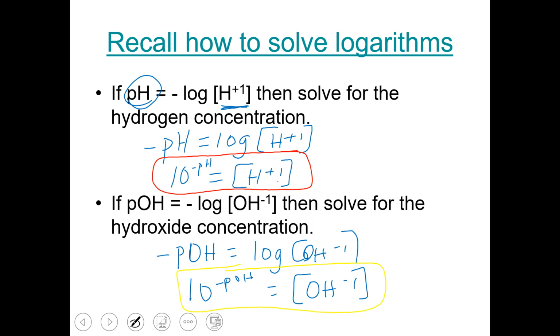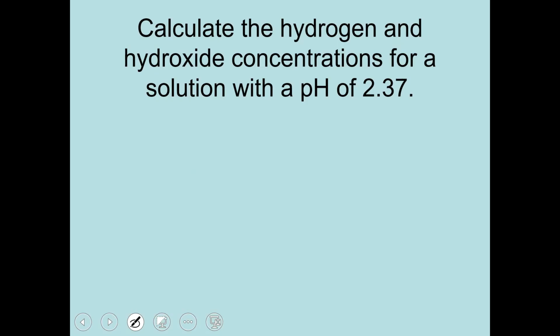Okay, let's try them out. So I use a pH meter. I put it into a solution to check and see what its pH is, and it tells me that it's 2.37. From that information, I can easily get both the hydrogen concentration and the hydroxide ion concentration that is in that solution.